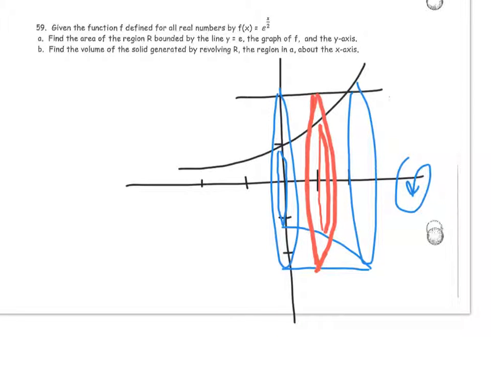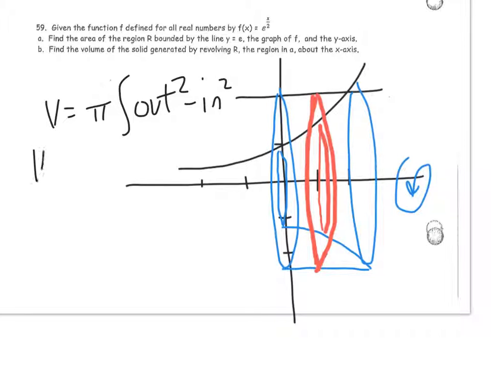If we can figure out B, you want a volume. And let's see here, our volume is going to be washers. We said that. So I want pi, outside squared minus inside squared. So I'm going to go pi, outside squared is your line, which is just e.